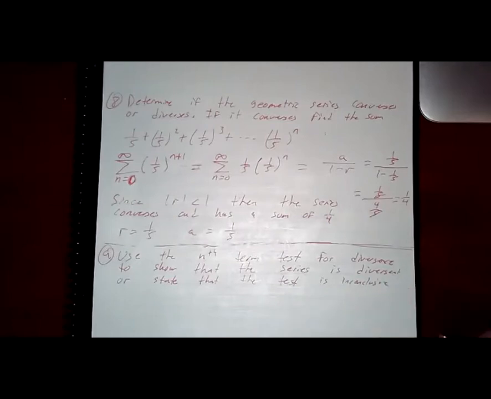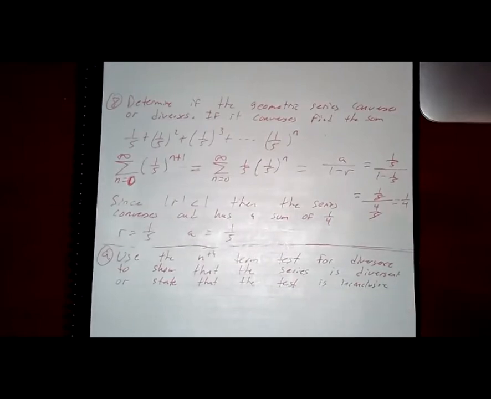So in this question, they just want you to try out the divergence test and see if it works. If it doesn't work, you don't have to do anything else, because those were the instructions.